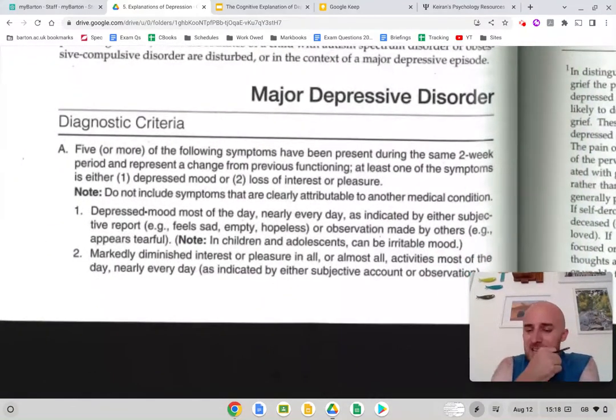Now, and this is quite interesting, for you to actually be diagnosed with depression, you have to be diagnosed with 5 of the following 9 symptoms within the last 2 weeks. At least one of those symptoms has to be either depressed mood or a loss of interest or pleasure. So one of the 5 symptoms has to be a depressed mood or a loss of interest or pleasure.